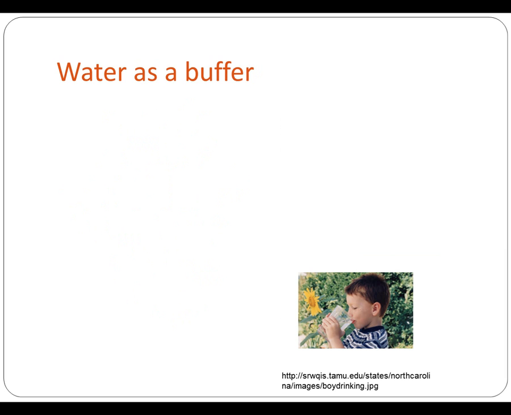Additionally, water is an important buffer for many reasons, including temperature. What does the word buffer mean? Kind of softens the impact of something. Okay? So water is a temperature buffer. It softens the impacts of temperature on organisms and even just our entire world, the biosphere.